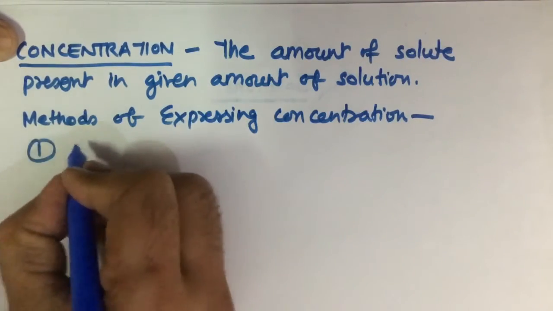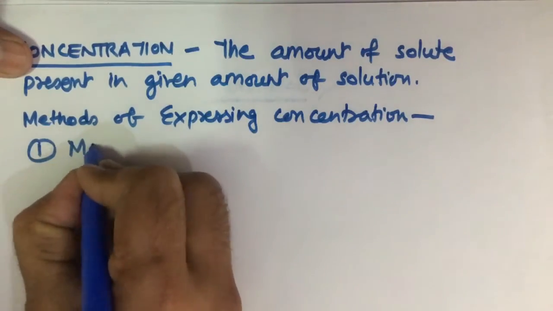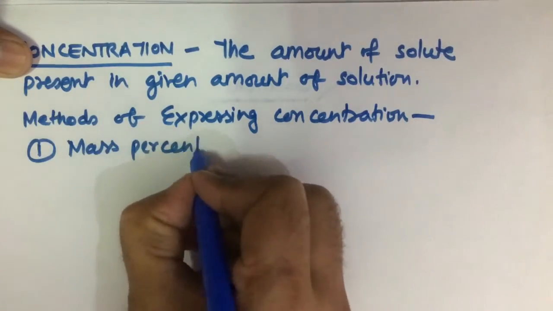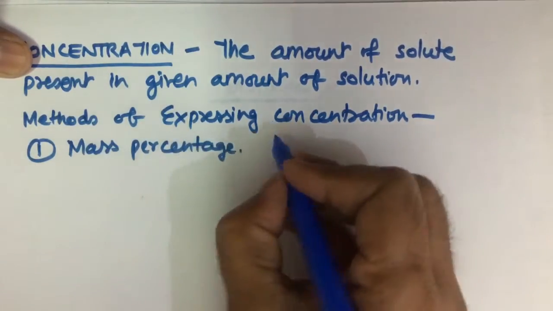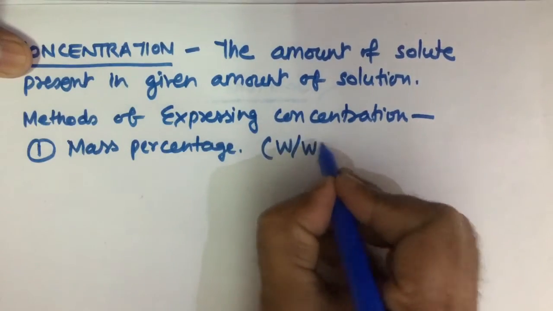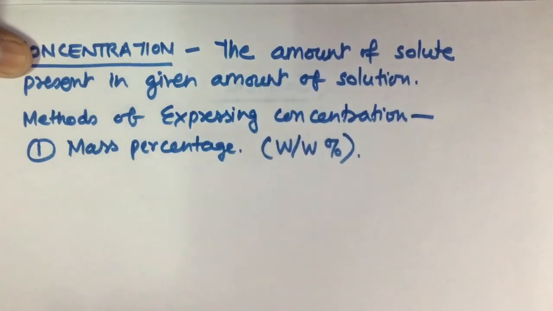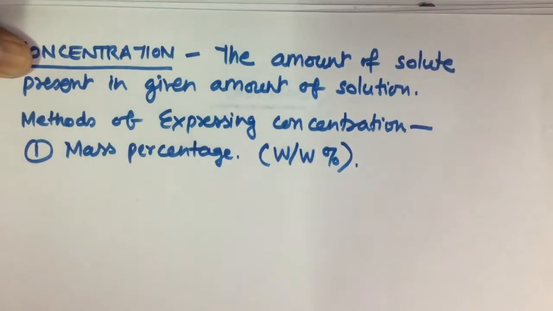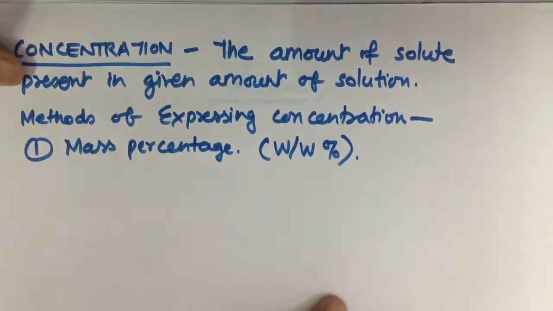The first method is called as mass percentage, or W by W percent. Now mass percent of a solution is the mass of the component present in 100 gram of solution. Mass of a solute present in 100 gram of solution.